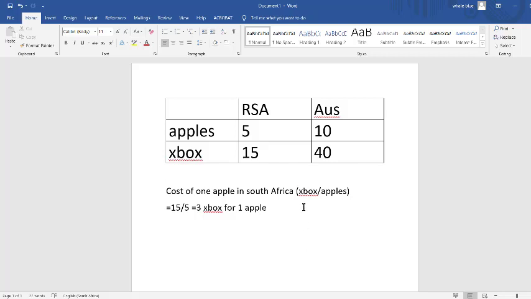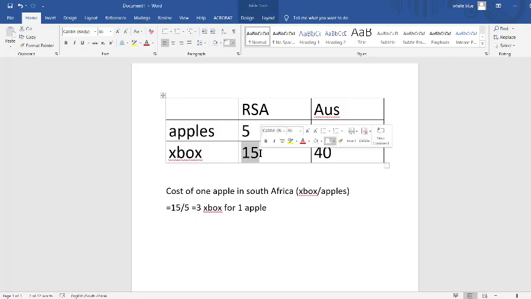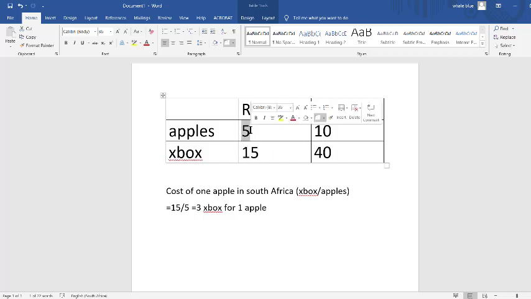So if we look at the same example, to calculate terms of trade or the cost of one apple, all you have to do is take the amount of X boxes. If we look at South Africa, it's 15 X boxes that one laborer can produce, and the same laborer can produce 5 apples in South Africa.